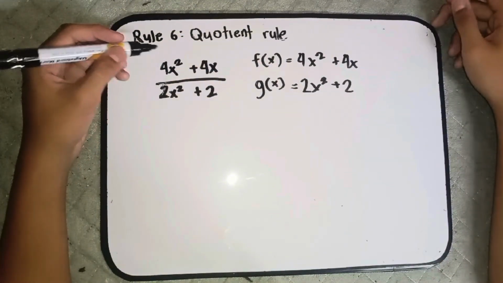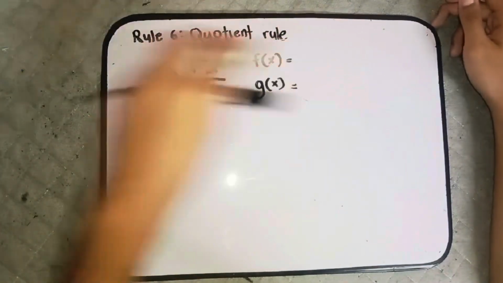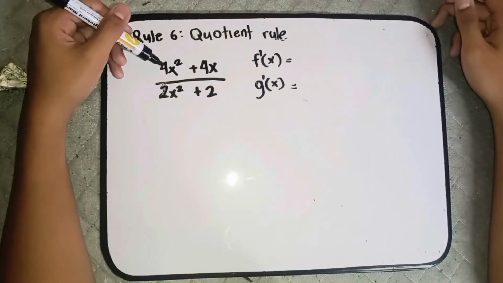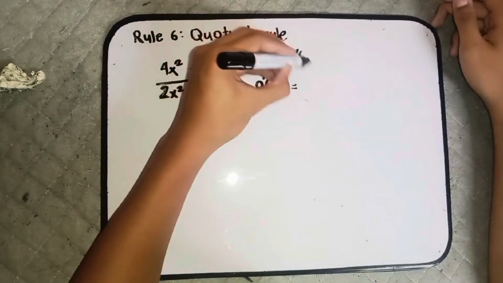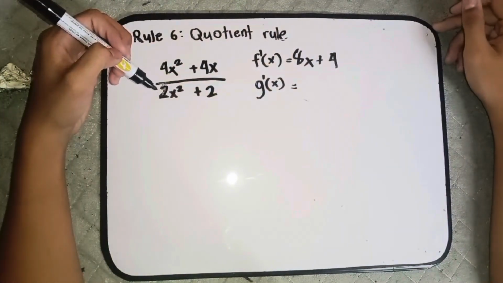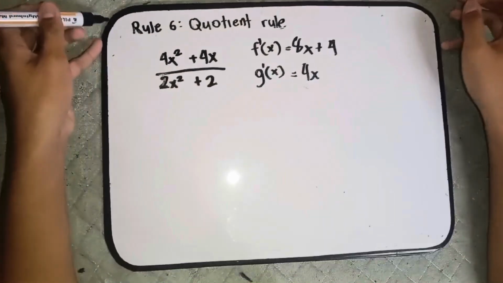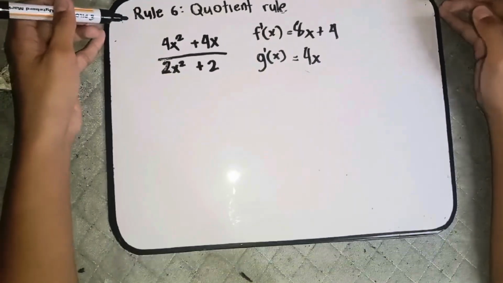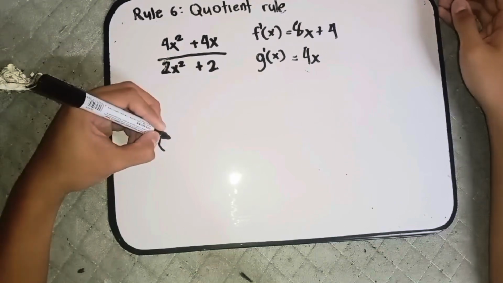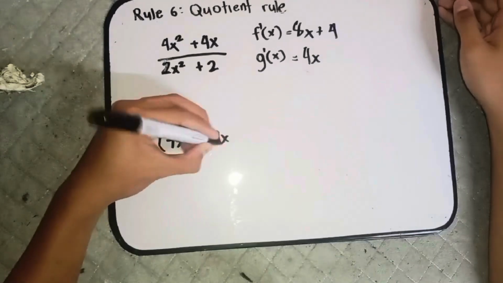Now, let's try to find their derivatives. The derivative of f of x is equal to 8x plus 4. And the derivative of g of x is equal to 4x. Now let's follow the formula to try and find the derivative. First, we put in our g of x, which is equal to 2x squared plus 2.